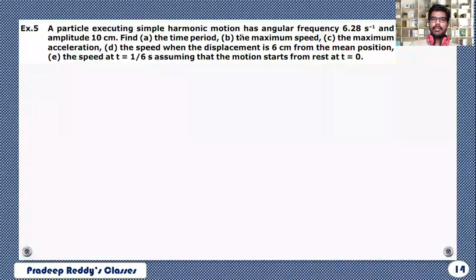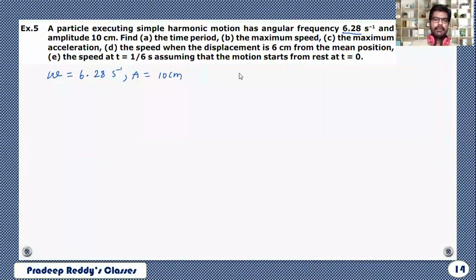A particle executing simple harmonic motion has angular frequency 6.28 second inverse. Angular frequency means omega. It is given omega is equal to 6.28 second inverse, and amplitude A is equal to 10 centimeter.